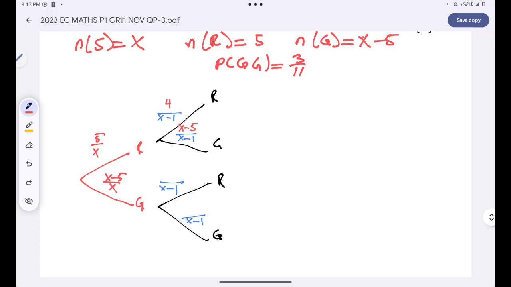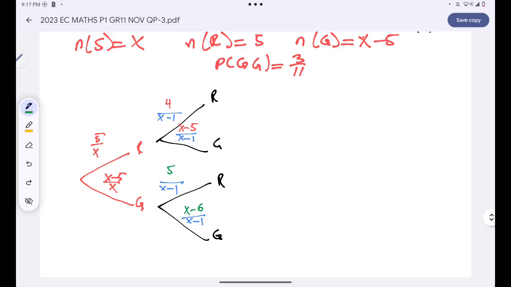Are we together? But if we started by selecting a green ball, it simply means that we still have 5 red balls inside the bag. However, the number of green balls has decreased by 1, so it will be X minus 6.